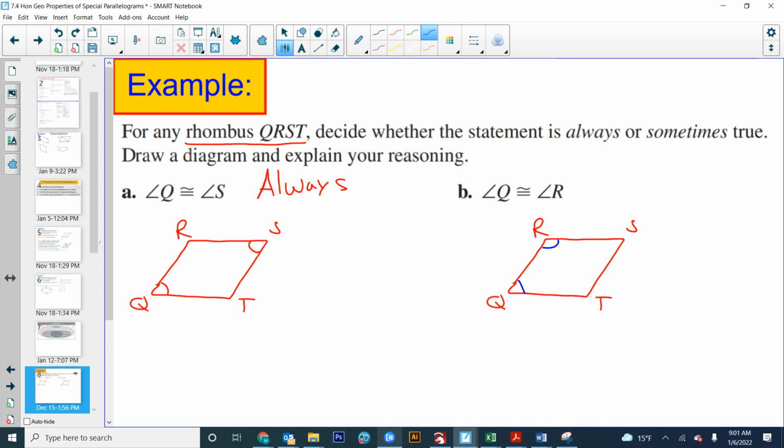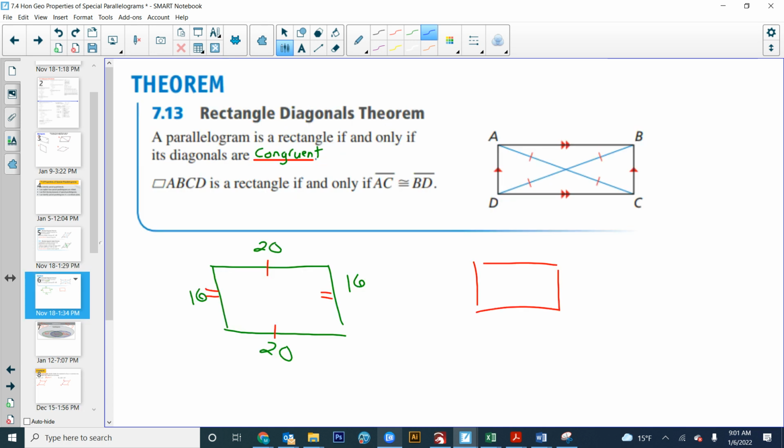If the rhombus is a rectangle too, right? Yeah, you're right. Now, why did I make them back up? Because we didn't write that down yet. I forgot to put that image into my notes.